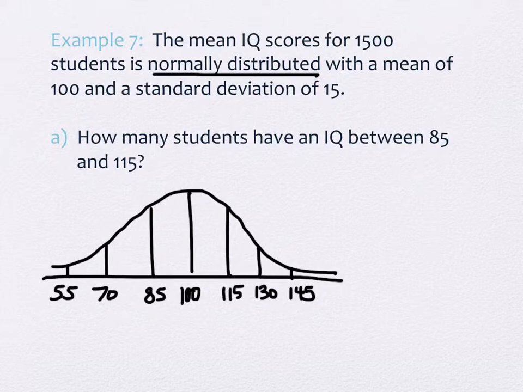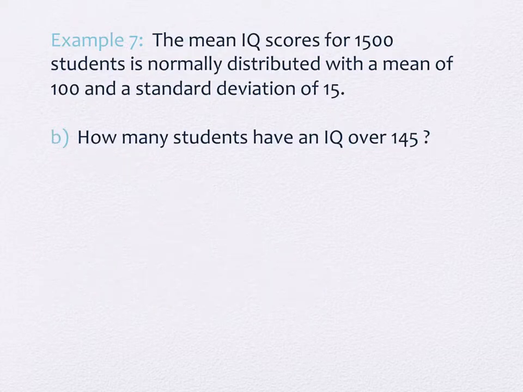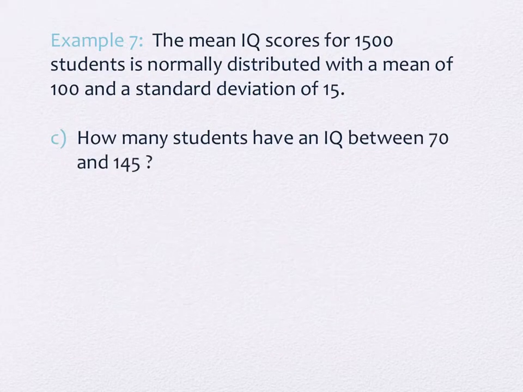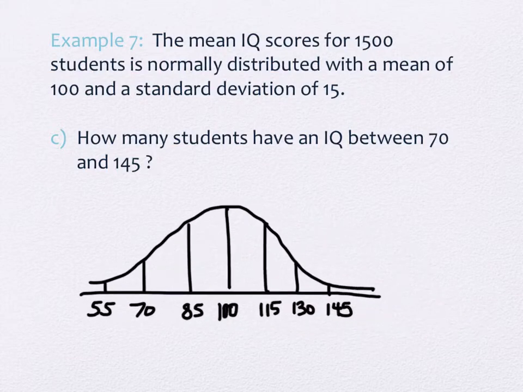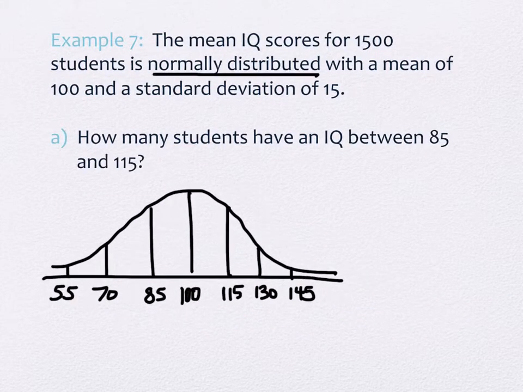Okay, is the picture set up okay? I'm going to use this same setup for parts B and C in a moment, so I'm going to copy it and put it over there. Okay, and we're going to start this process just like we did in the last problem, shading in the description that it gives me.